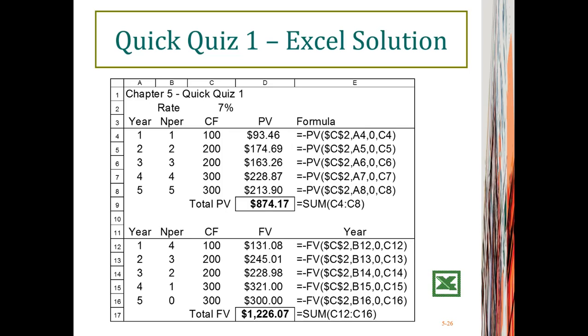For the fourth one, you compound for once, and for the last cash flow, you do not compound. So be careful about the number of discounting and the number of compounding. Once you get the present value or future value of each individual cash flow, then you add them together to get the present value or future value of these uneven cash flows.